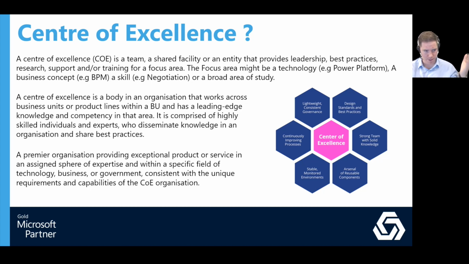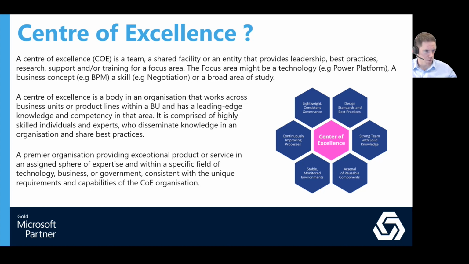So you could have a center of excellence in anything, really, in any part of your business or your organization. In this example, it's obviously the Power Platform, but you could have a business concept or a skill or a broad area of study as well. So as I say, it doesn't have to be particularly in the Power Platform.